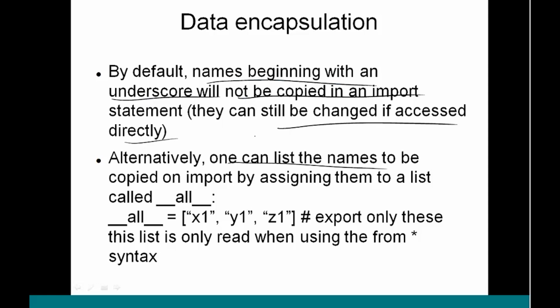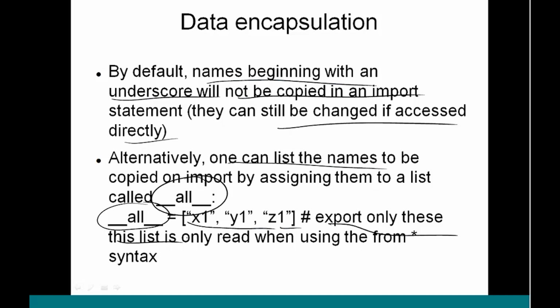Alternatively, one can list the names to be copied on import by assigning them to a list called __all__. For example, here we specify __all__ as the list x1, y1 and z1, meaning import only these.